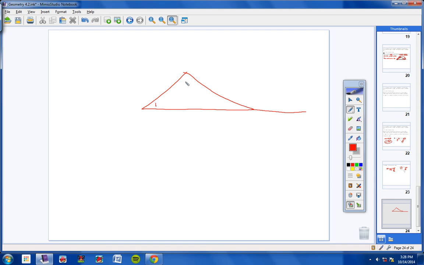Watch. 1, 2, 3, 4. Now, would you please watch this carefully, students? If I take angle 1 plus 2 plus 3, those three interior angles, what do they equal? 180. If I take angles 3 plus 4, they're a linear pair. Straight line with a line coming off of it. So if I add 3 plus 4, what do I get? 180, right?